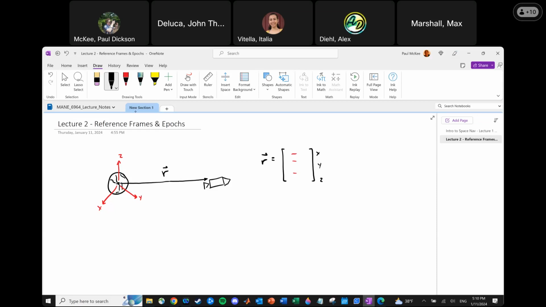Just throw anything out there. What direction would you pick for the z-axis? Could I just say that it's the direction of the poles? I like that a lot, actually. Let's make the z-axis come from the center of the Earth and go out through Santa's workshop, through the North Pole.